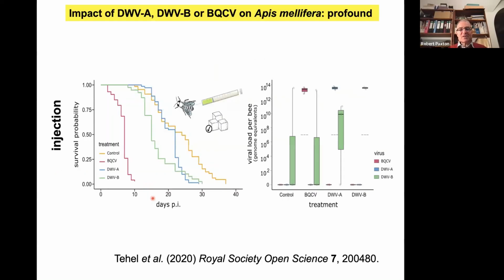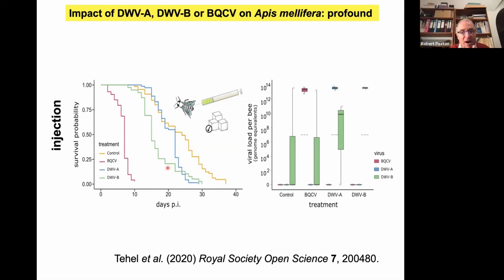This is just a test of our inoculum. The inoculum we injected into honeybees, either DWV genotype A or type B or black queen cell virus, and you can see it kills the bees quite quickly compared with a control solution, which is what you'd expect.